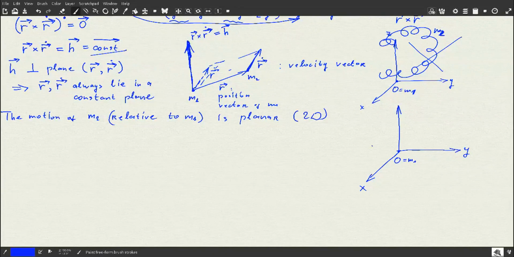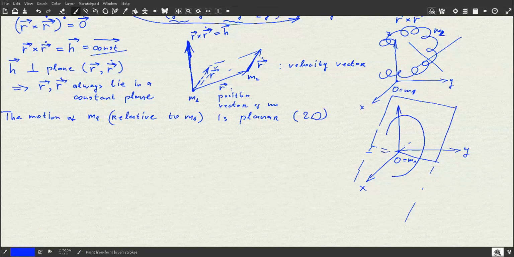And now there is a certain fixed plane, and there is some kind of trajectory of M2 in this fixed plane in a three-dimensional space.